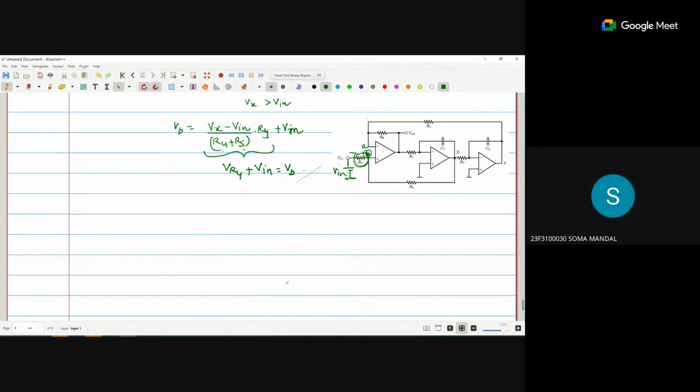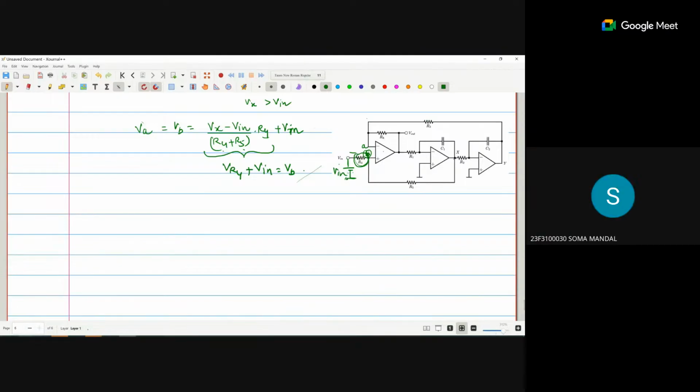Now if VB is this one, that means VA is also this one. Now what is VA? The second equation of VA is, if you check at VA, Vout effect is also there, and Vy is also there.